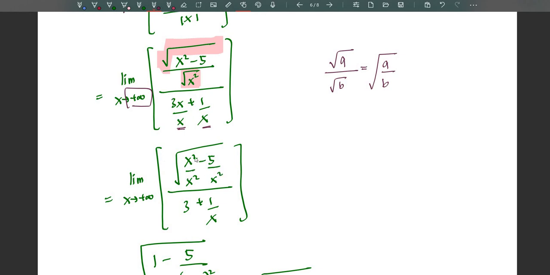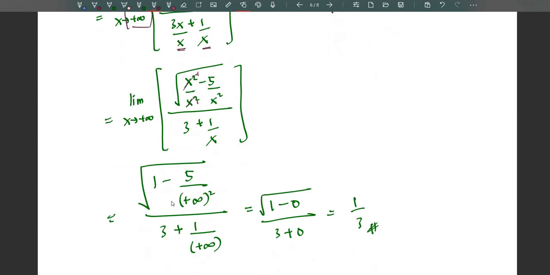Next just simplify. This would be 1. Then just substitute the value of x, which is 1 minus 5 over positive infinity squared, root of them, over 3 plus 1 over infinity, and anything over infinity gonna be 0, and hence we have the final answer as 1 over 3.